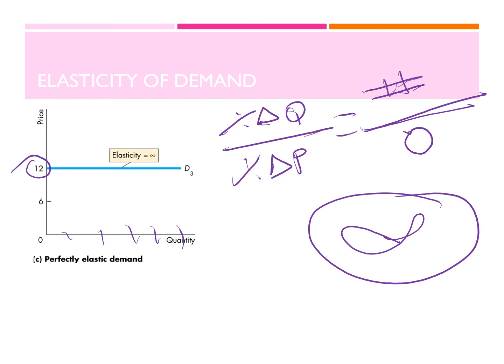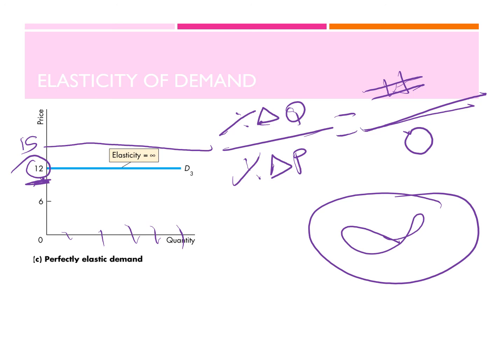What does that mean? It occurs when a change in price causes a complete change in the quantity demanded. For example, here I have a price of 12. If the producer increases their price to, let's say, 15, my whole demand curve will change. If one of the many producers raises his price, he will lose all of his sales with buyers, as they will switch to competitors.